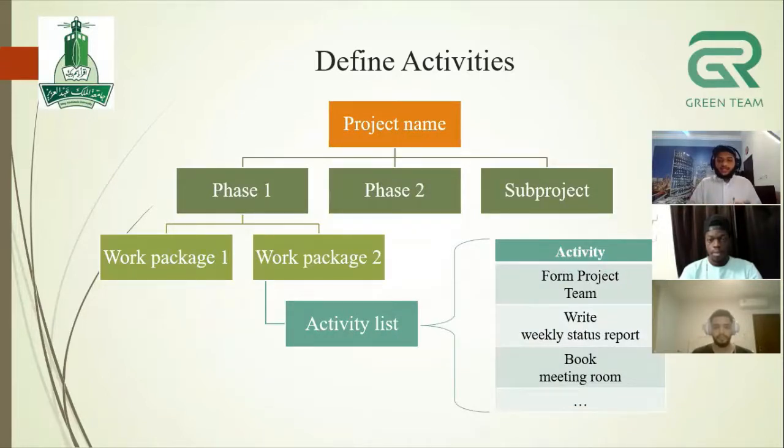The activity list is a list of activities that we will do in the tasks we have. So, for example, we have here the name of the project that we will do. This project will be divided into phases or sub-projects, and each phase or sub-project will have multiple tasks or work packages.